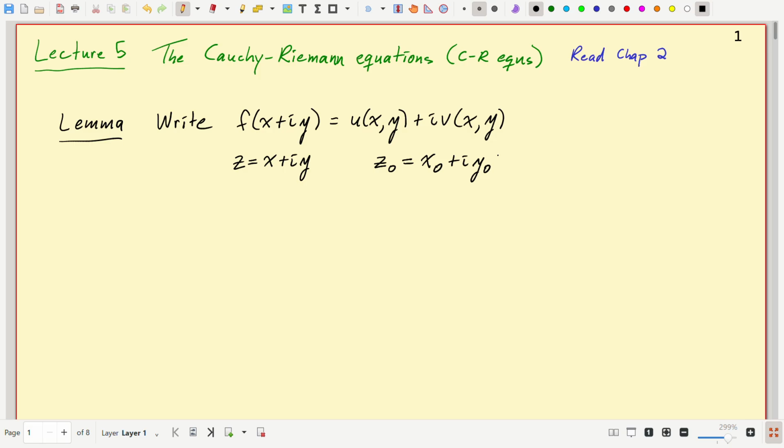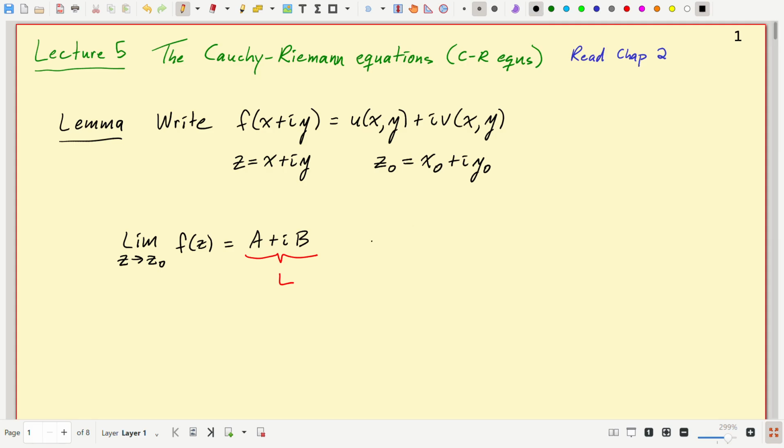I'll be writing that all day today. And so the little lemma I need is that a complex limit exists. Let's see, that limit is going to be a complex number. Let's say it's a plus ib. Let's call that complex number L for limit.